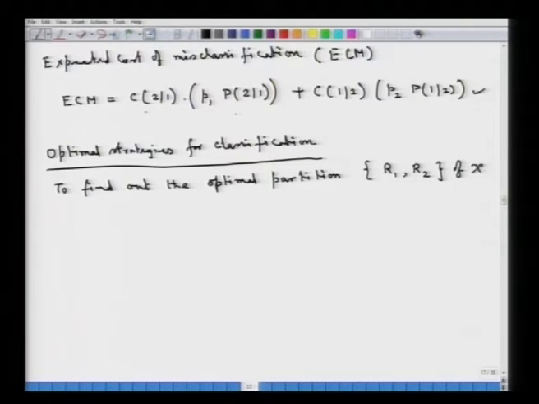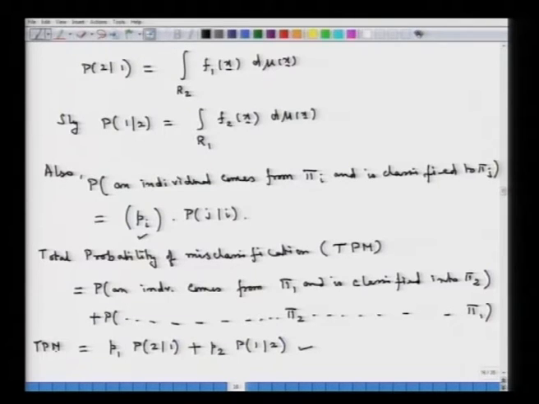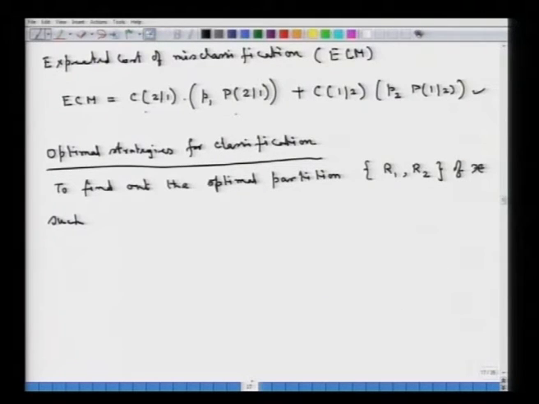of the sample space script x, such that the criteria that we have defined, that is the total probability of misclassification or the expected cost of misclassification, one of them is going to be minimum possible, because the first one, this is the total probability of misclassification. So, lower the better, and of course, when we are also looking at expected cost of misclassification, lower would be the better.